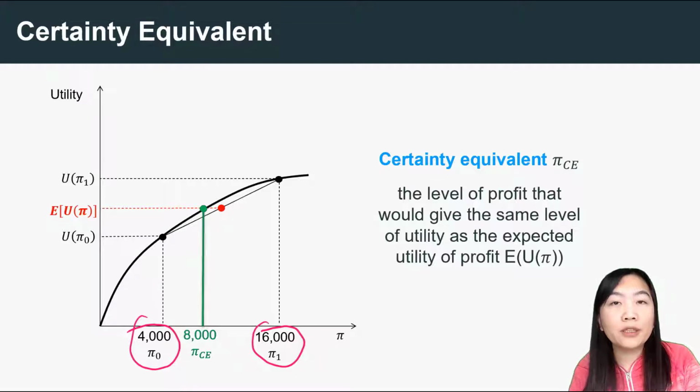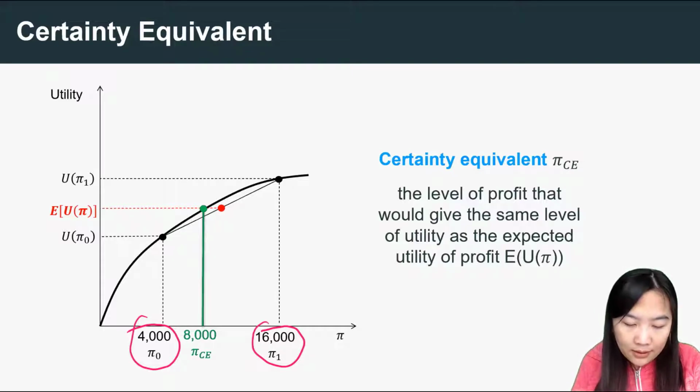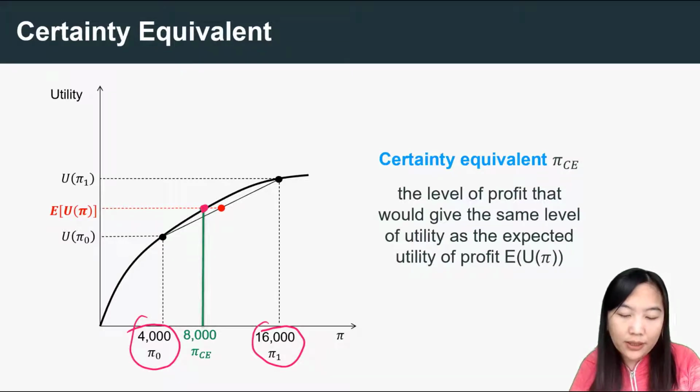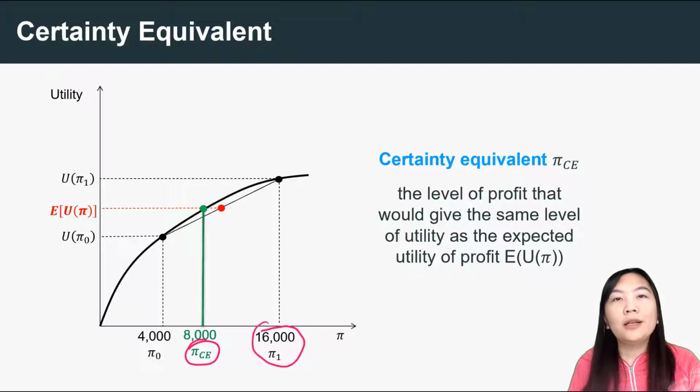The red point and the green point have the same level of utility. And this green point is associated with a level of profit, and that is exactly the certainty equivalent we're looking for.